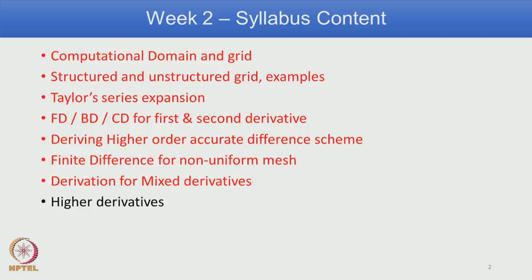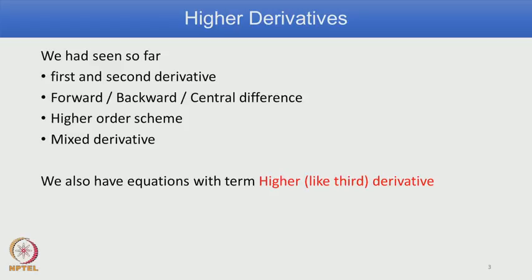Now in today's class we will particularly see how to get higher derivative and getting finite difference formula by another procedure, particularly by polynomial procedure. We also have equations with higher order terms.